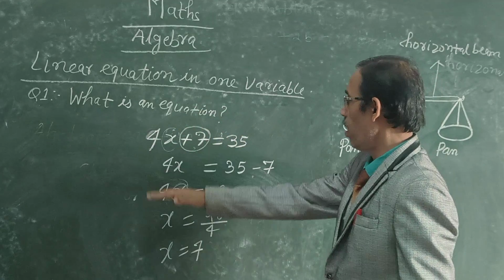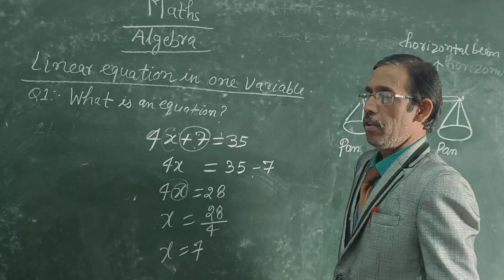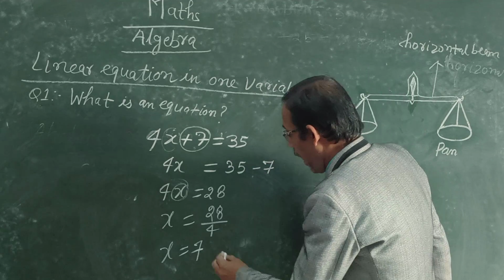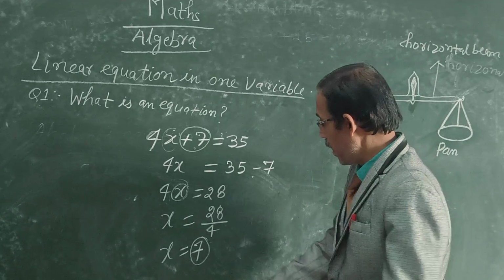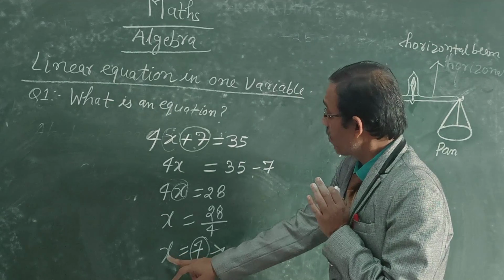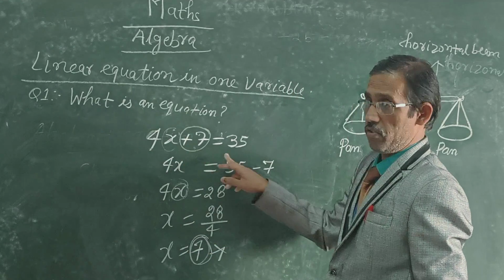This is the process of solving the equation. Okay, this is called solving the equation, and the value obtained is called the solution of the equation. So x equals 7, 7 is called the solution of this equation.